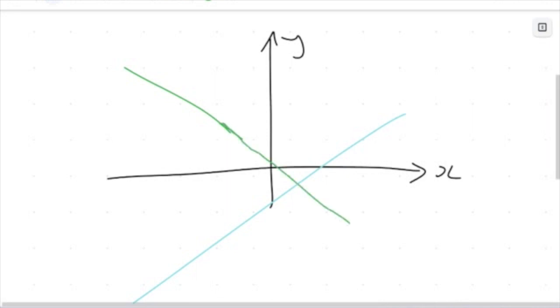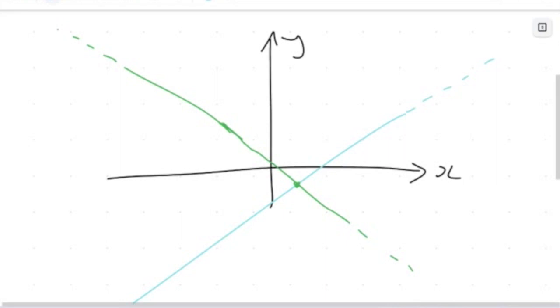We can see once again it meets at this one point here. And these lines will never meet again because they're just going to keep shooting off in different directions. This one's going to keep going down here and up here, and we can see pretty clearly this light blue line is always going to be going away. They're never going to meet again.